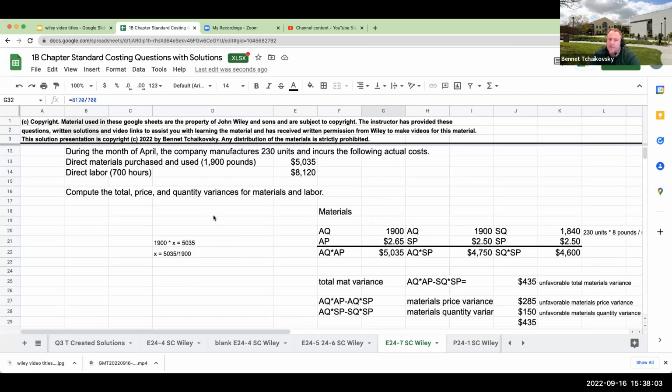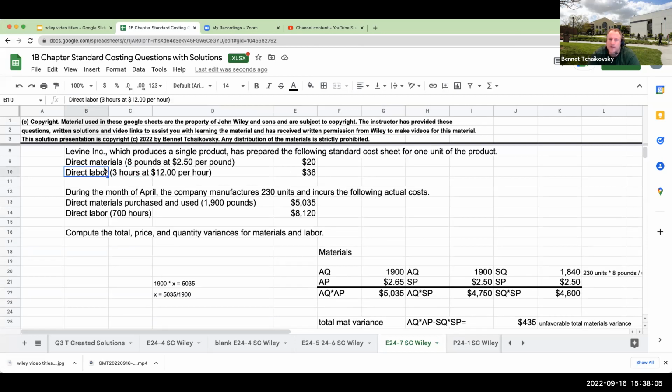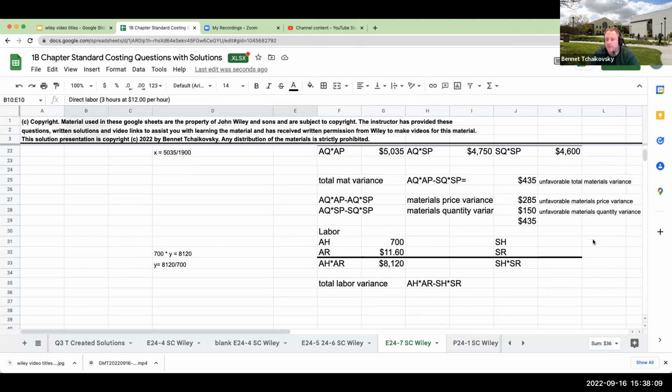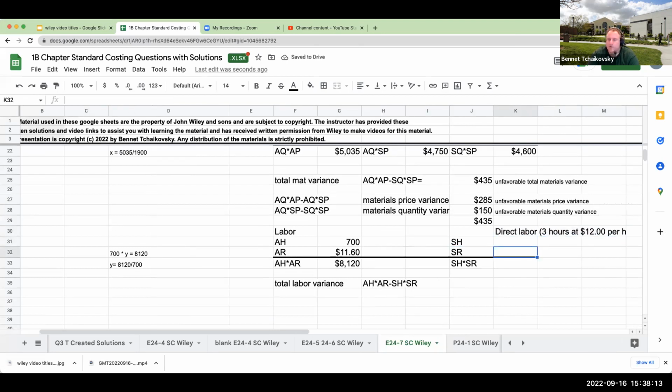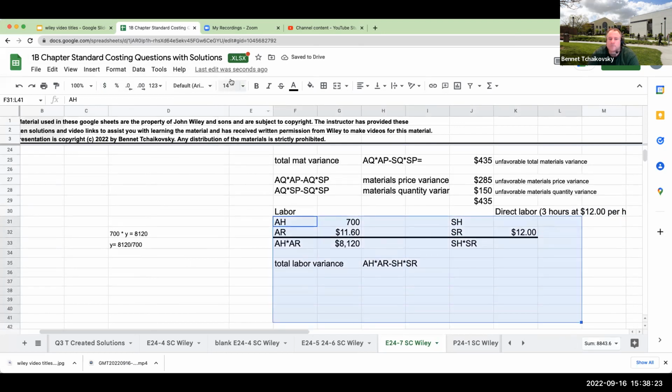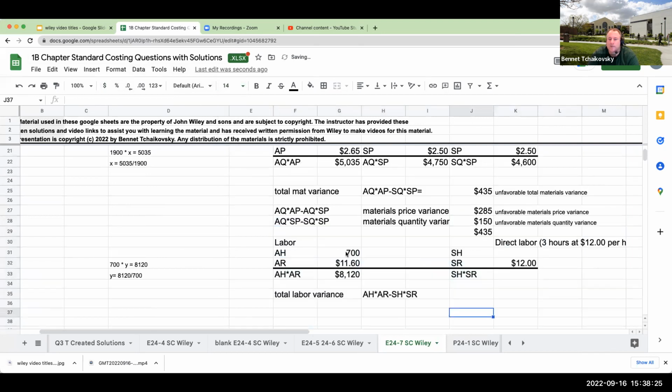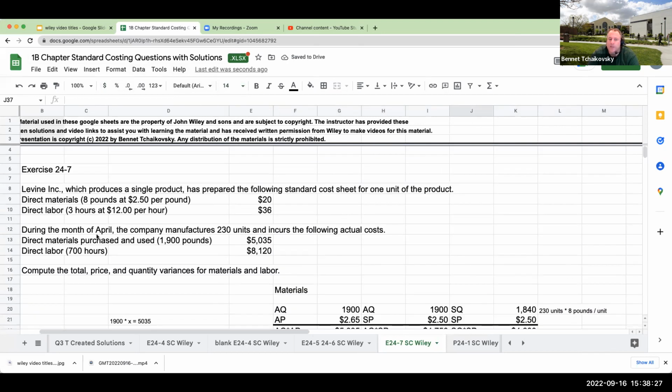And what are my standards for direct labor? Well, my standards for direct labor are 3 hours at $12 per hour. So I know this is going to be at $12 per hour. Now, how many units did I produce?